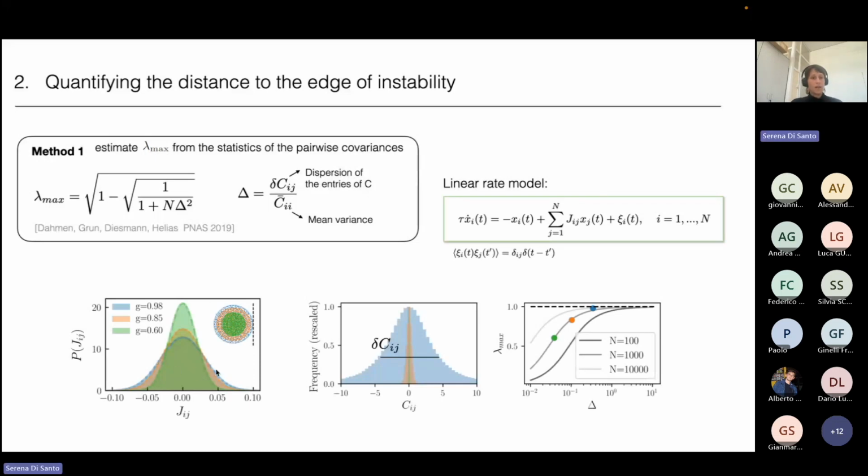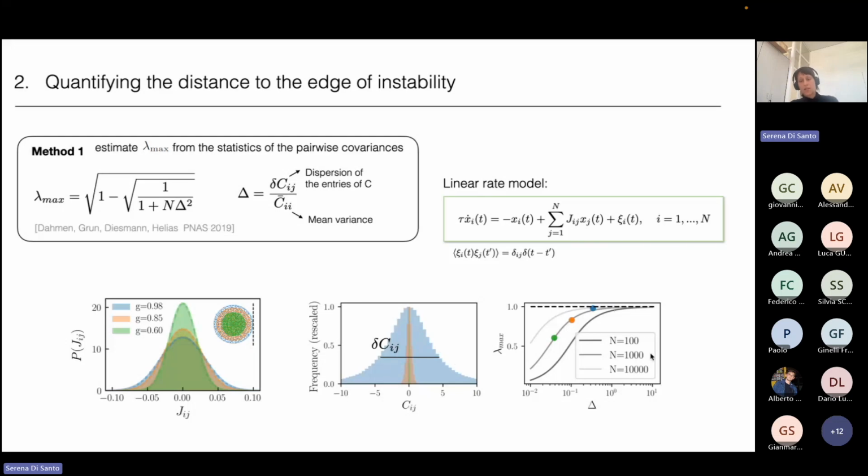So again, if we go back to this model, what this formula is saying is that the variance of the entries of the connectivity matrix is related to the variance of the covariance matrix. And these points are simulations for 1,000 neurons. So this formula depends on n, which is the number of neurons, but the simulation is quite consistent with the theory for this simulation of the linear rate model.